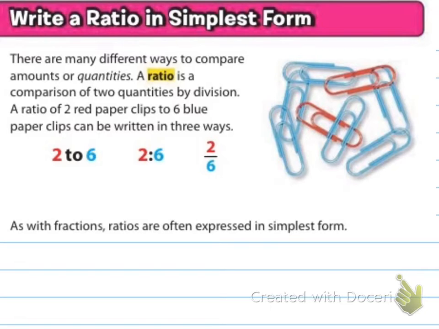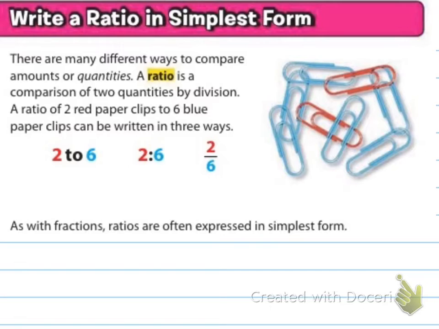Lecture over. So it says to write a ratio in simplest form. There are many different ways to compare amounts or quantities, and a ratio is a comparison of two quantities by division. A ratio of 2 red paper clips to 6 blue paper clips can be written in 3 ways.